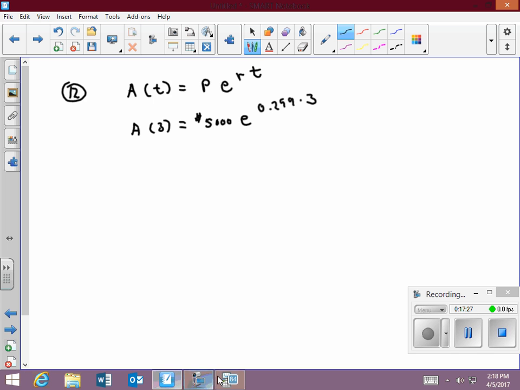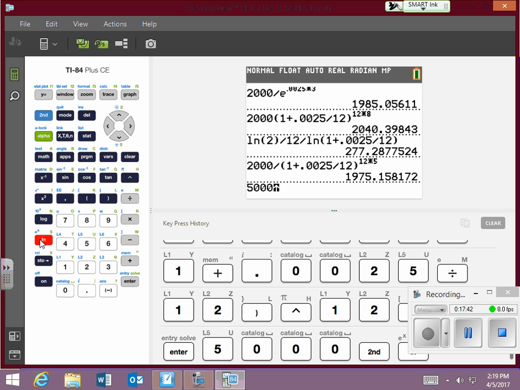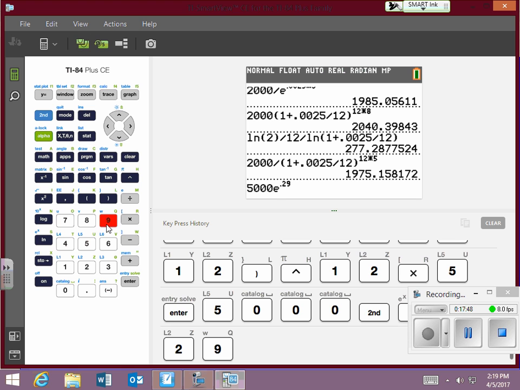Okay, so I go, and such a good deal they're giving you, 5,000. And then you have e, second, LN, of 0.299, and then do times 3 years.